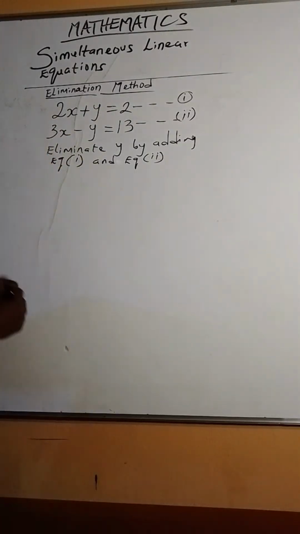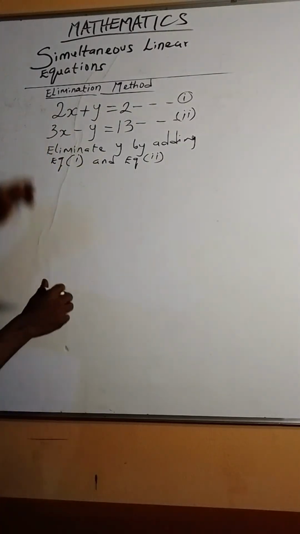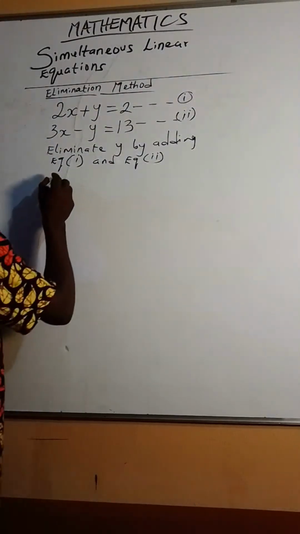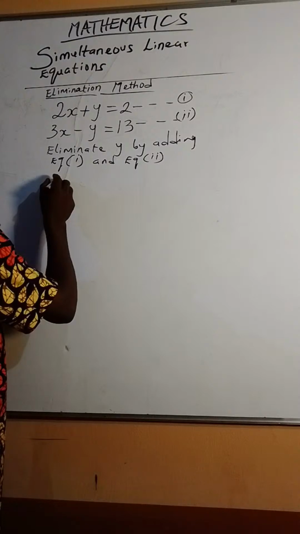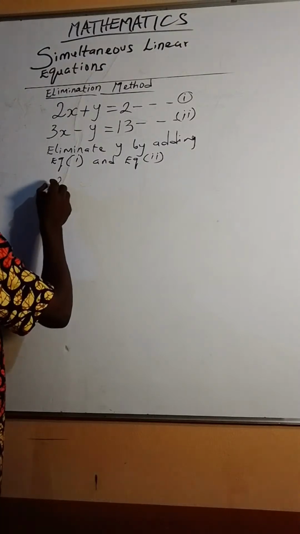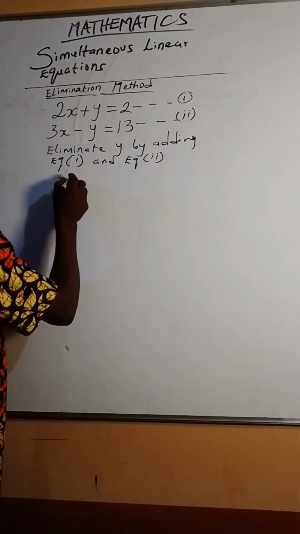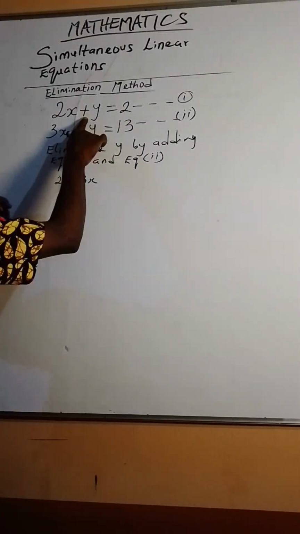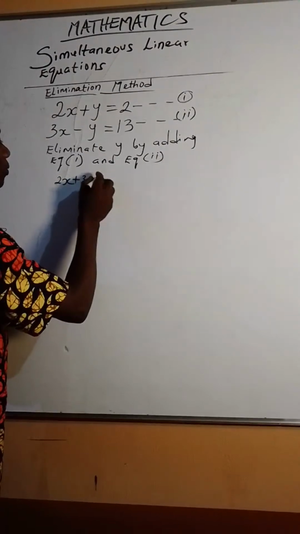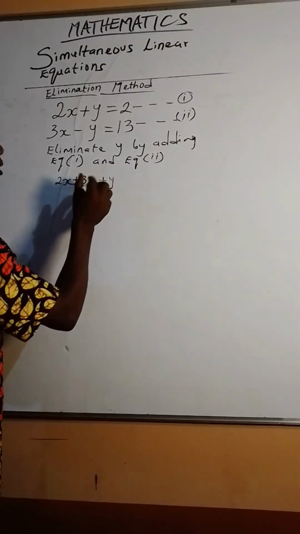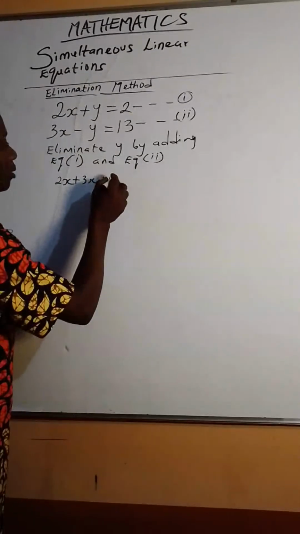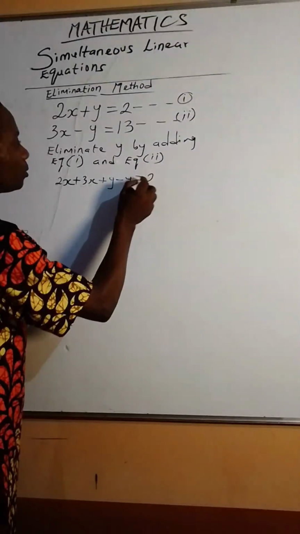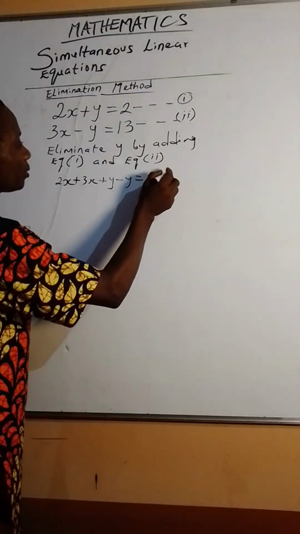If you are adding equation 1 and 2 together, this will be 2x plus 3x, then plus y minus y, then equals 2 plus 13.